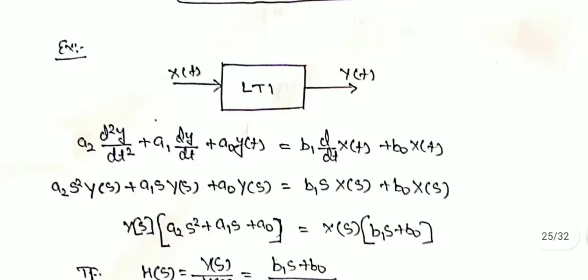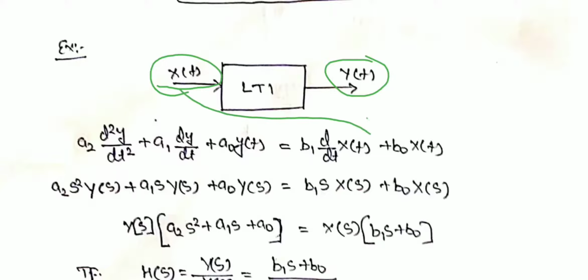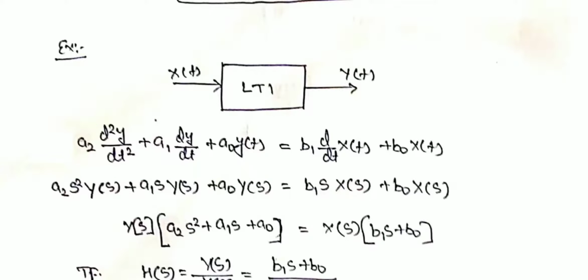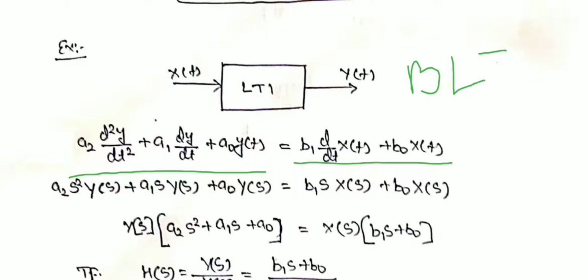Let's suppose an input is applied to the LTI system and this is the output, and this looks like a differential equation, as given in the question. Here we are discussing the bilateral Laplace transform.